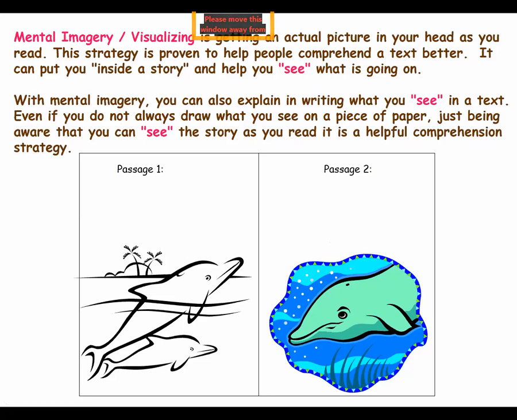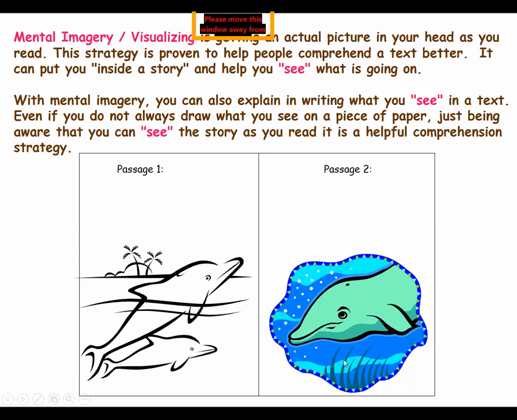If for example the text is related to dolphins, right? And in the first passage, कुछ इस तरह का डिस्कशन हुआ है कि dolphins can come above the sea or the water, and they move in groups or pairs, right? इस तरह का डिस्कशन है अगर पैसेज 1 में, तो this is the image that will come in your mind.